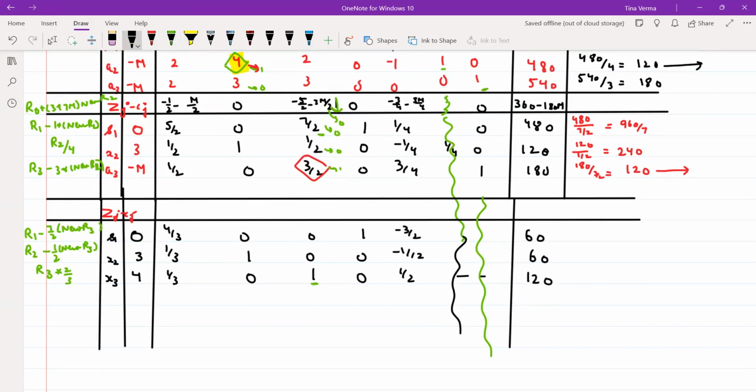And this Zj minus Cj entry, again you have to make 0. So what operation can you apply on R0? R0 plus 5 by 2 plus 3M by 2 into your new R3. So that will become 1 by 3. This will become 0, 0, 0, minus half.